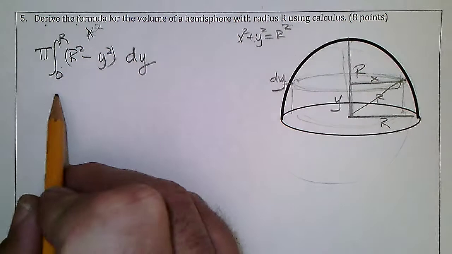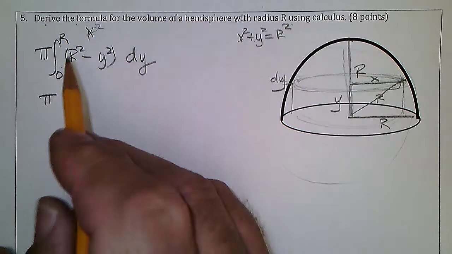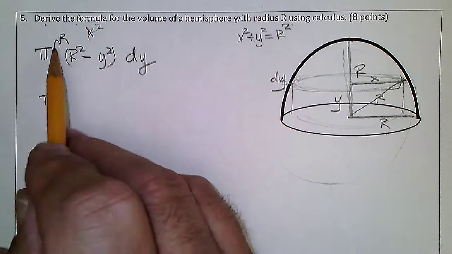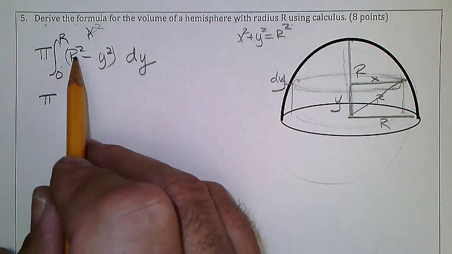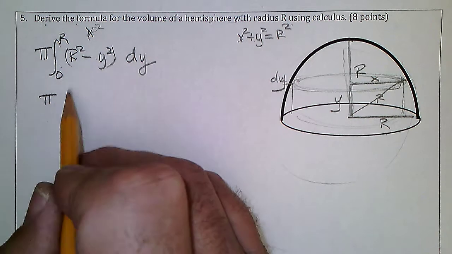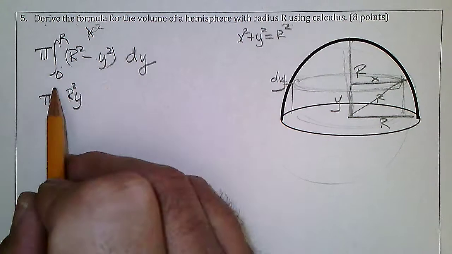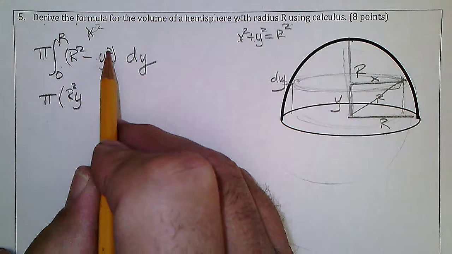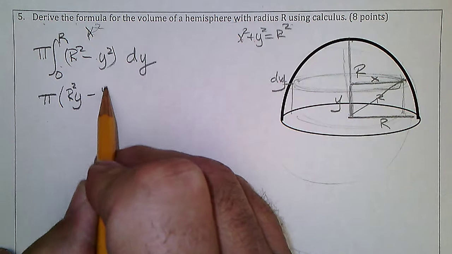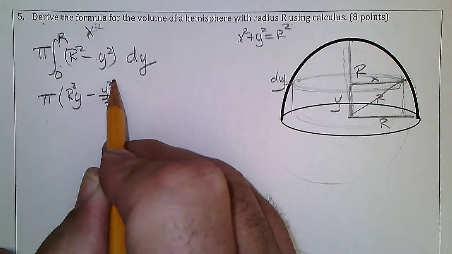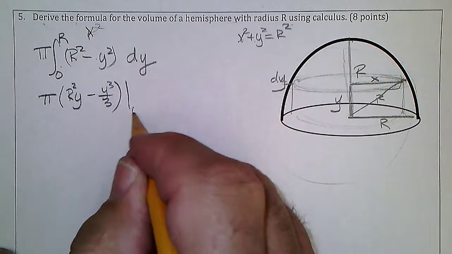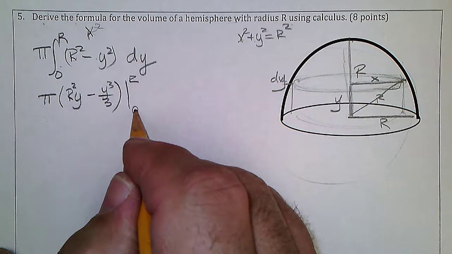So now we integrate this, we get pi times the integral of r squared. That's just a constant, so it's going to be r squared y. And then integrating that would be minus y to the third over 3, evaluated from 0 to r. 0 gives me nothing.